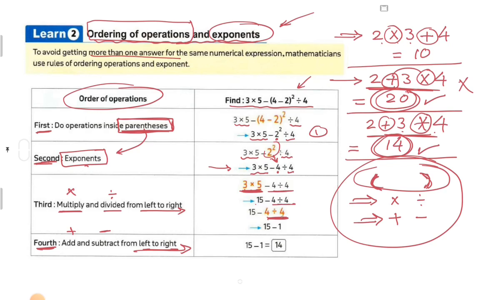Then 4 by 4 equals 1, and 15 has no change. Last operation, we do the subtraction.